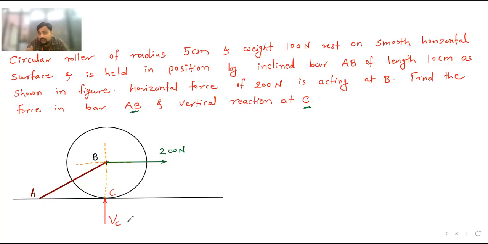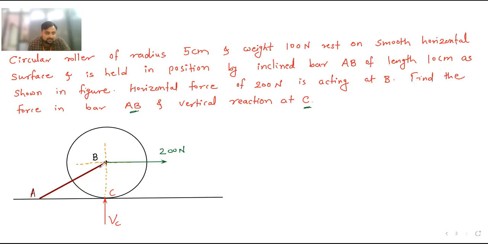So we have assumed that it is moving upward. If we get positive answer, then our direction is correct. If we get negative answer of VC, then we can say that it is moving in downward direction. We have also seen that type of problem in previous lectures.